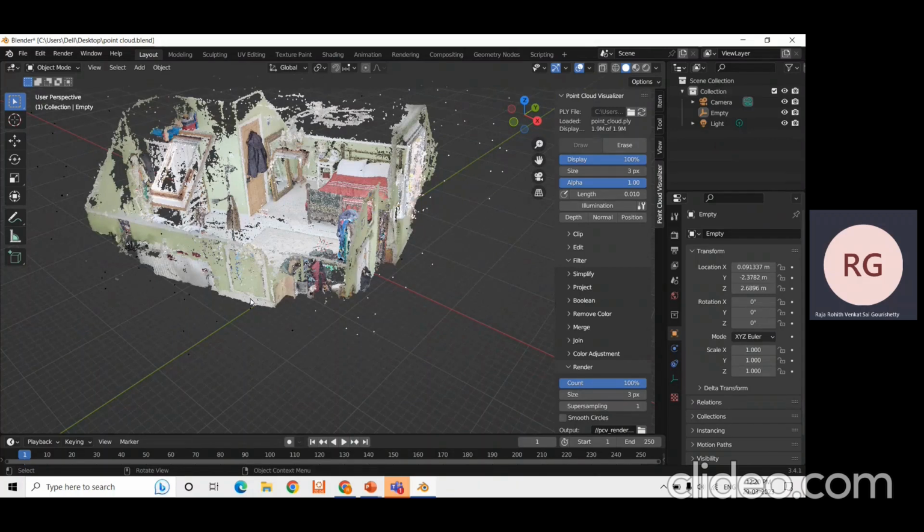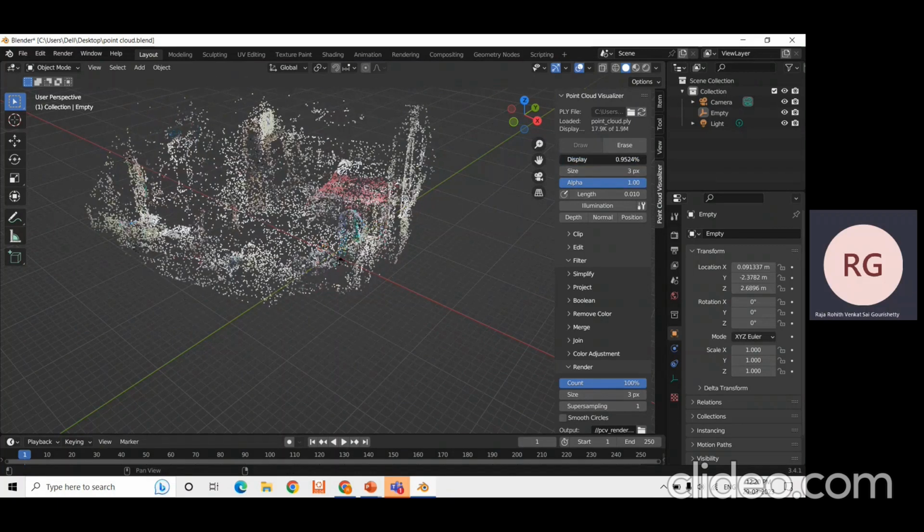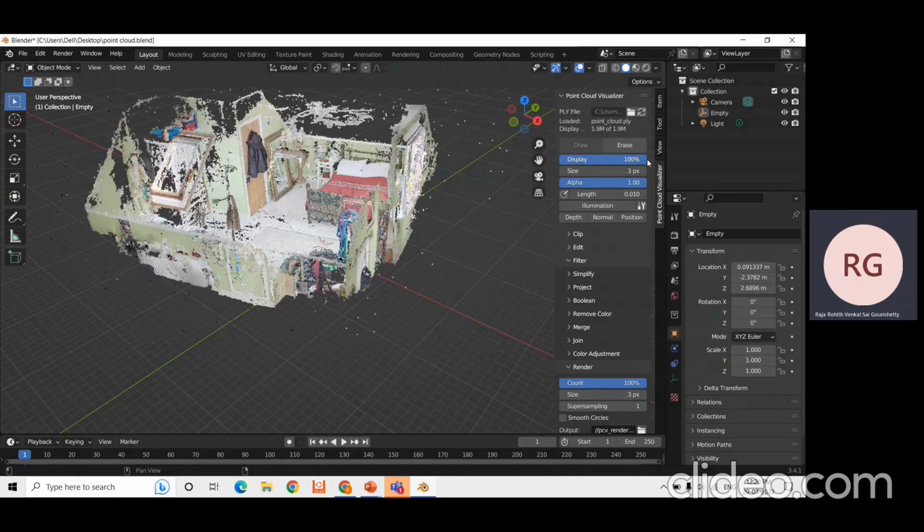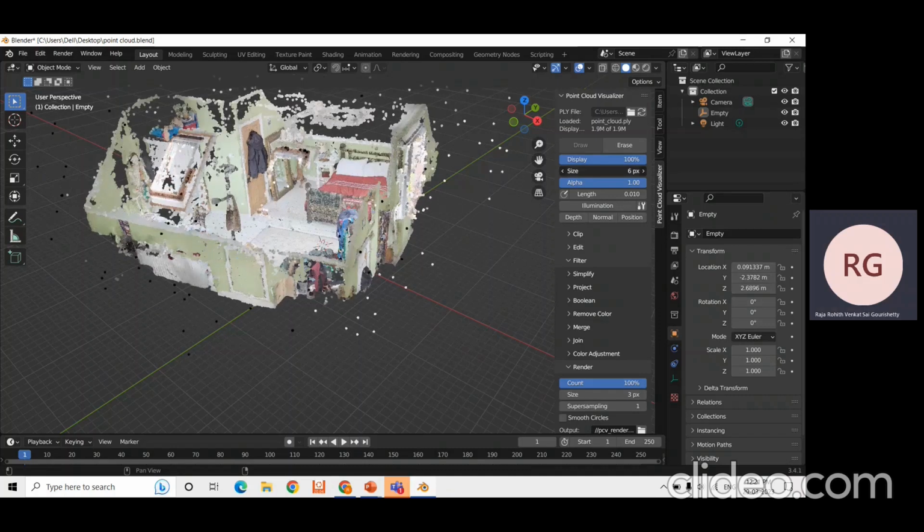Now let's see some basic properties which can be used. On the right side we have different properties like display, which when we change, we can observe the changes here, and we can also change the pixel size of each point, making them more versatile.